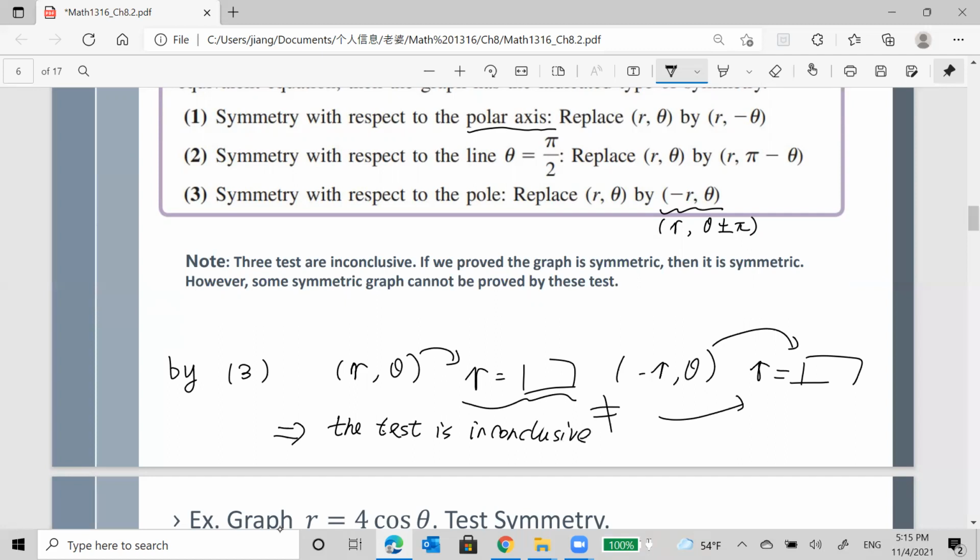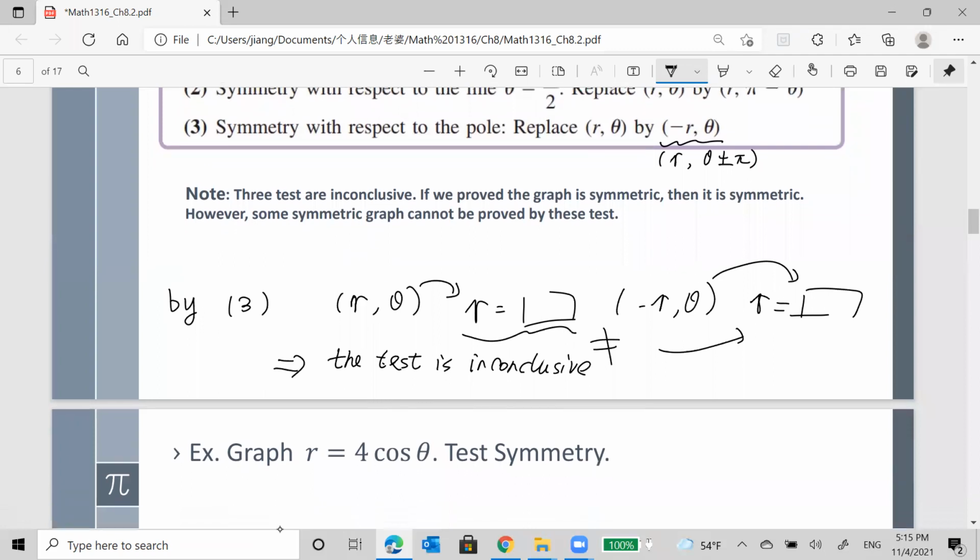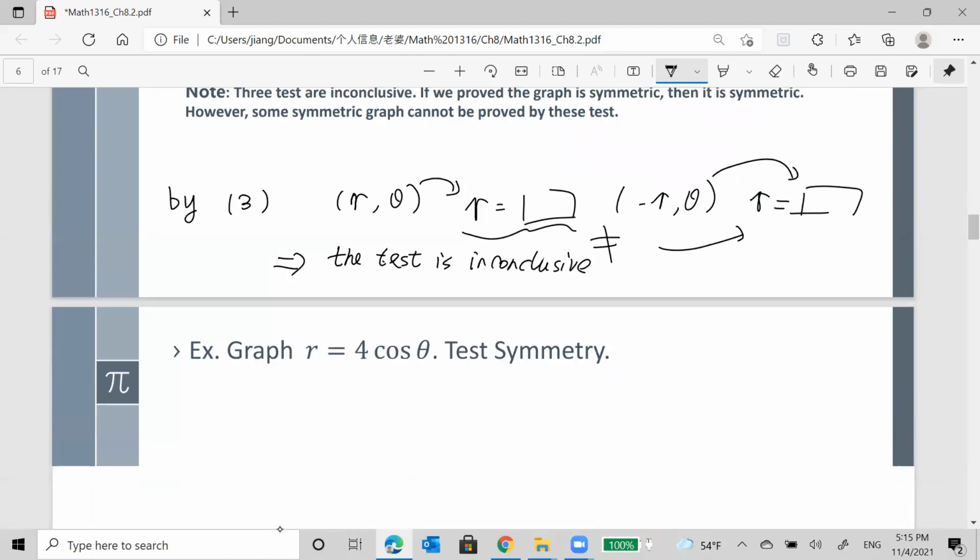You can't say it's not symmetric to the pole because we don't have sufficient things to prove it's not symmetric. We can just say the test is inconclusive.